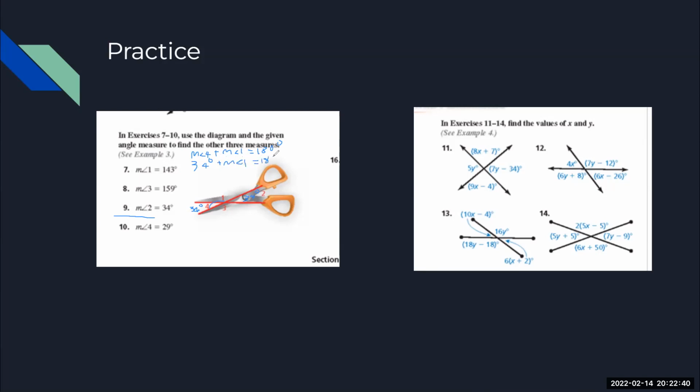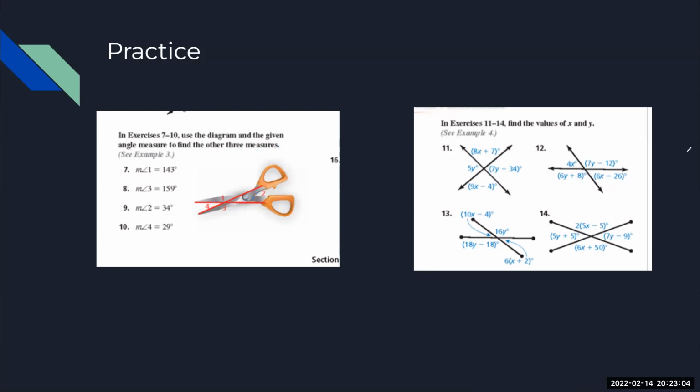So you just subtract 34 on both sides and for measure of angle 1, you get 146 degrees. For measure of angle 3, it is the same because of the vertical angles congruent theorem.